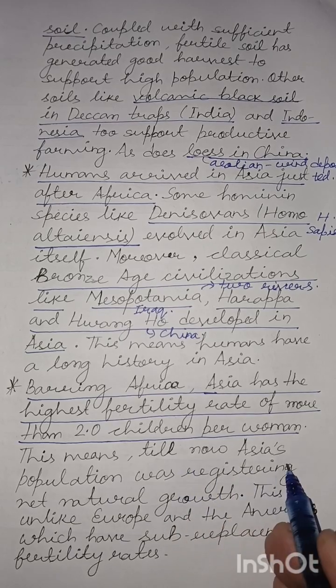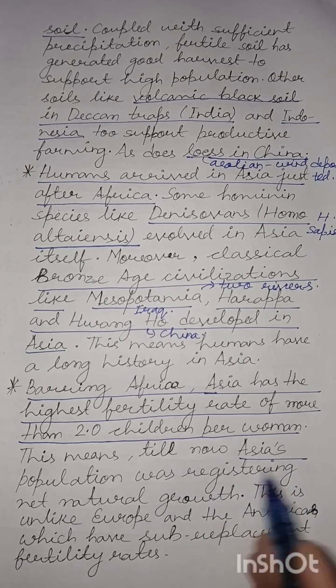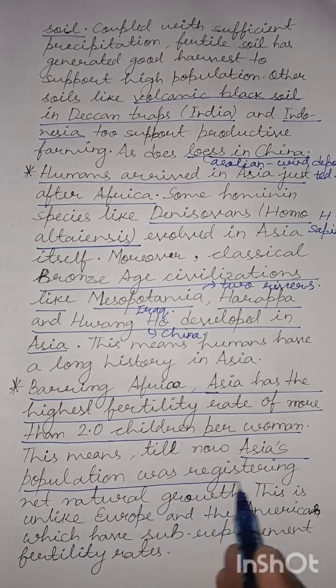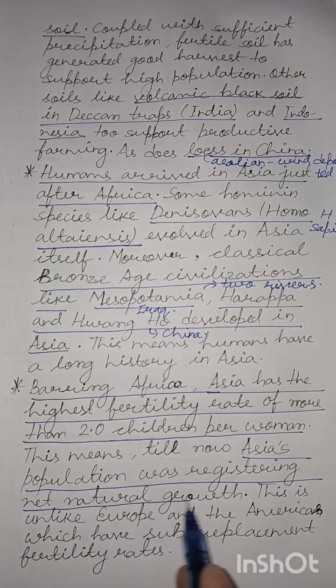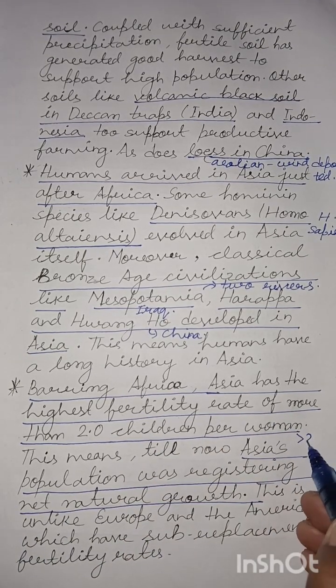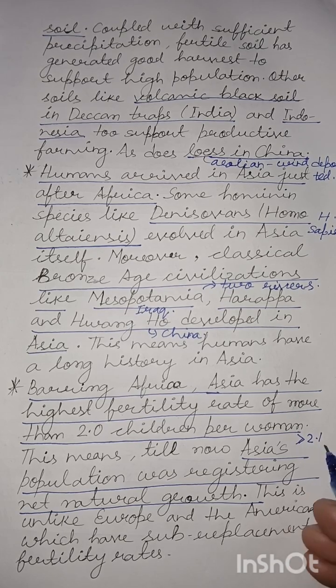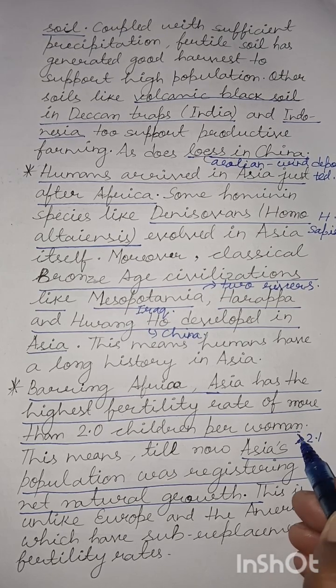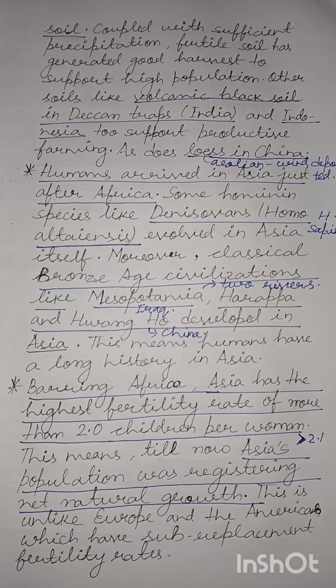This means till now Asia's population was registering net natural growth. You might recall that a fertility rate of 2.1 is considered a replacement rate.